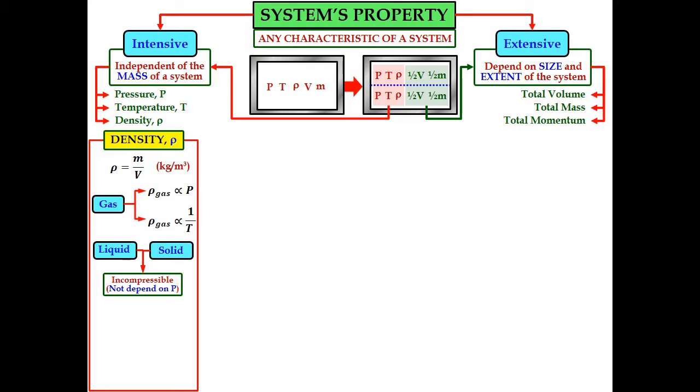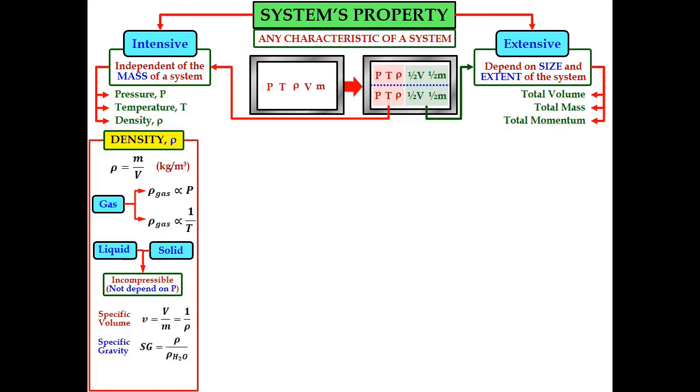Okay, the other properties that involve density are specific volume: v equal to volume divided by mass, V divided by m, also equal to 1 divided by density.